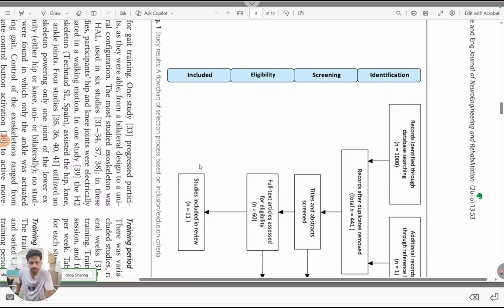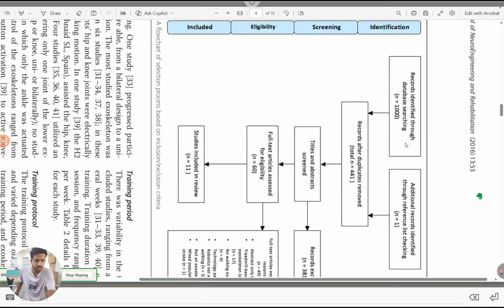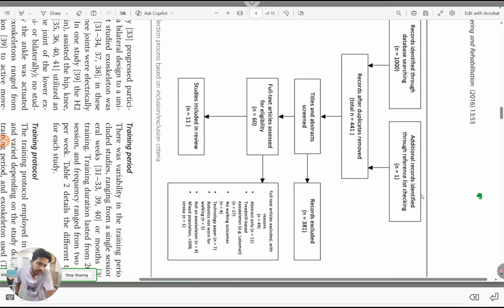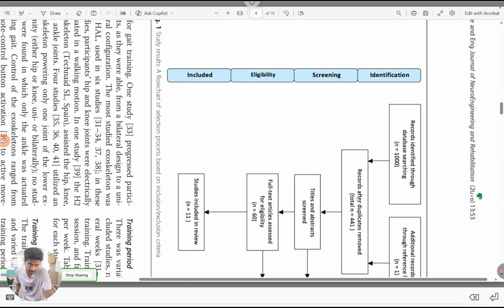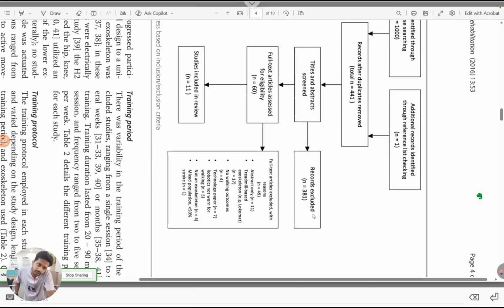This is included. Studies eligibility is there, screening and identification is there. So records identified through database searching, and additional records identified through reference list checking. And this is also in the records after duplicates removed, titles and abstracts screened, and records excluded.